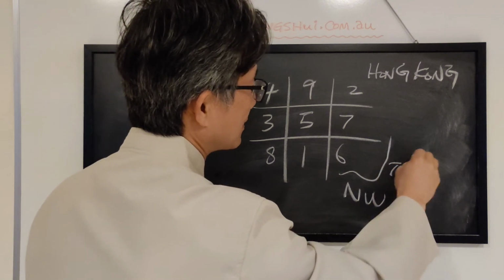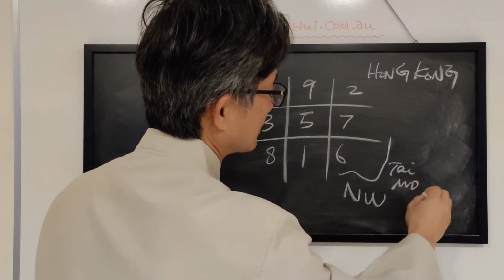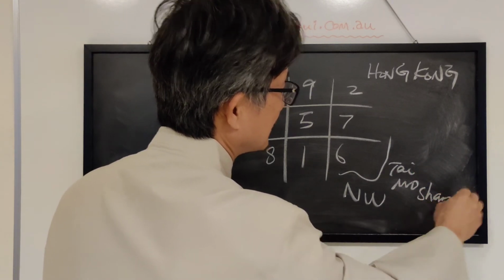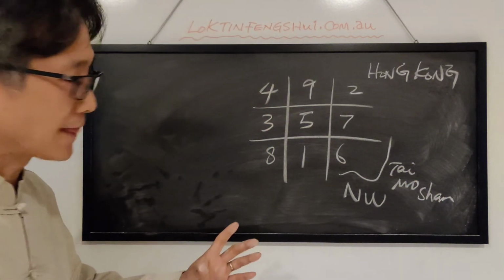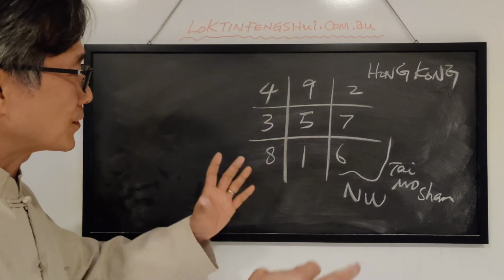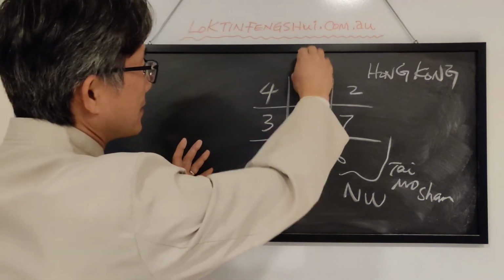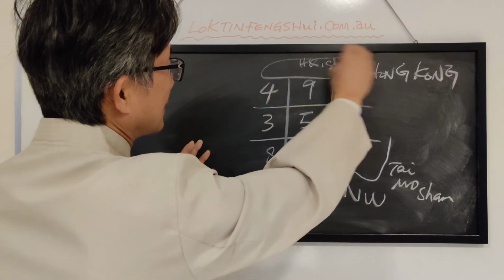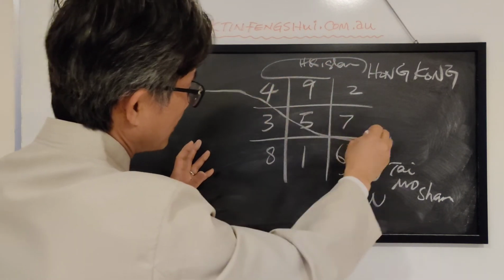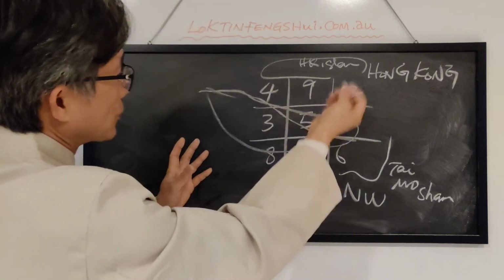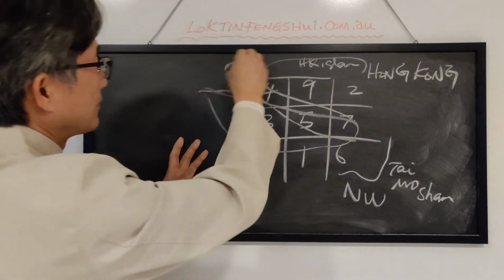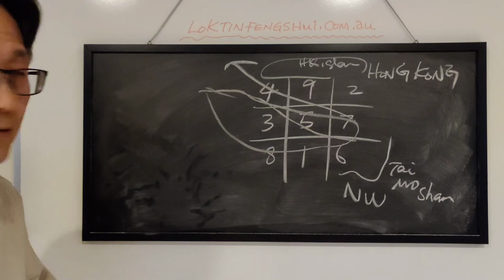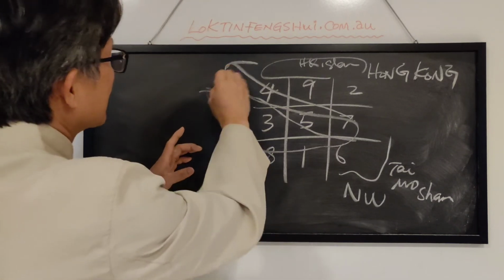Toward Hong Kong Island will be here, Hong Kong Island like that, and that's the Kowloon Peninsula. The water actually flows out in the southeast.